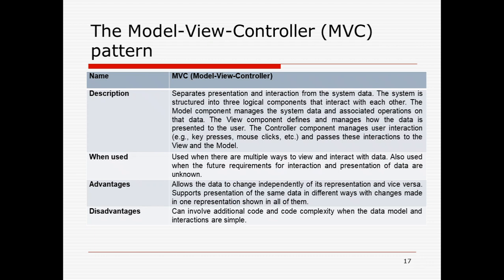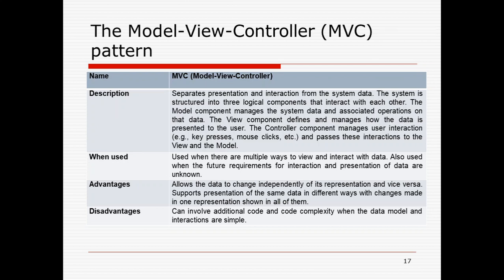The first architectural pattern that we are going to discuss is the model, view, and controller pattern, called the MVC pattern. In the MVC pattern, the model component manages the system data and the associated operations on that data.